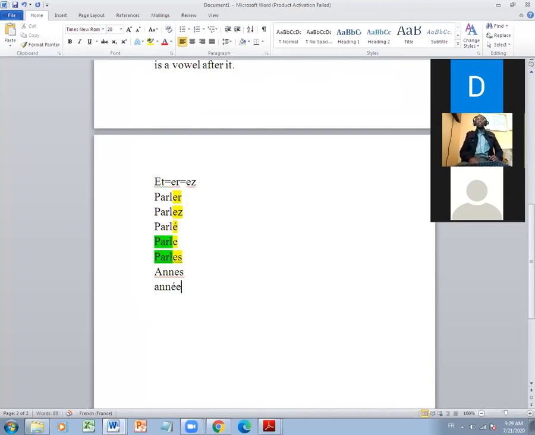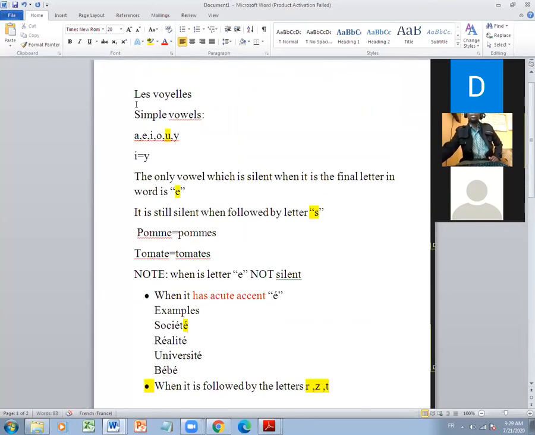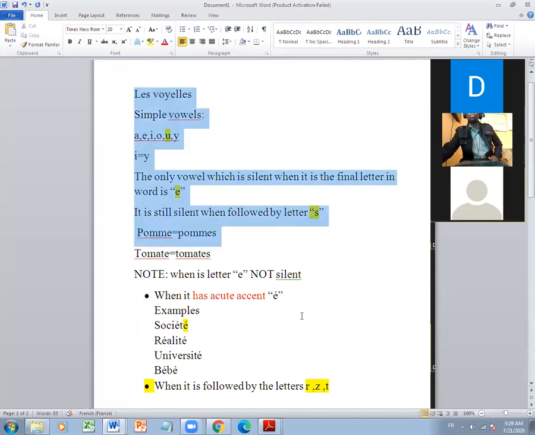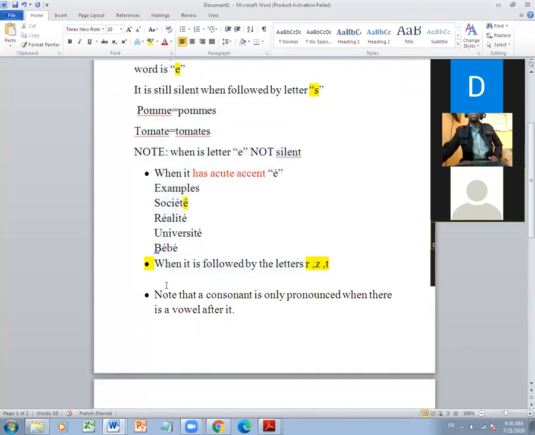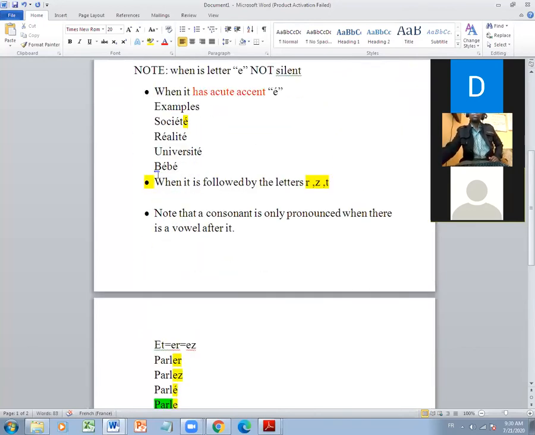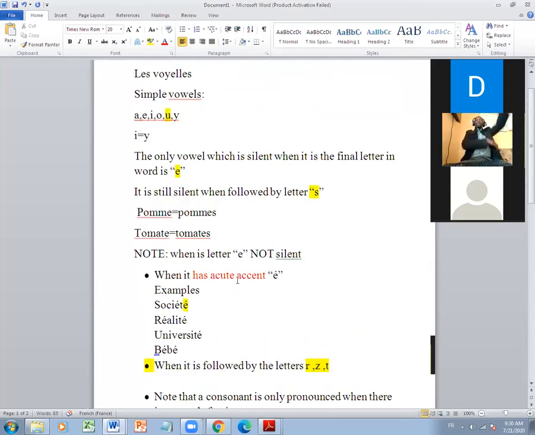Then the second one is now Anne, because the E here is acute. And once you get that, there are so many things that you can read in French. Okay? Society. Digest that, this part is very important. Yeah, that's very important.